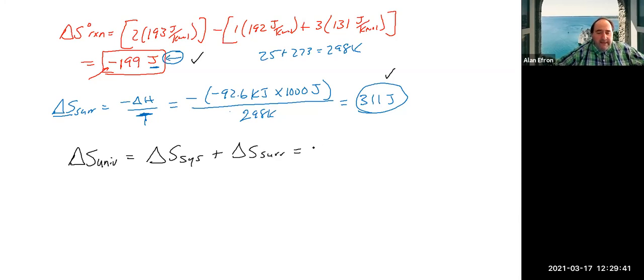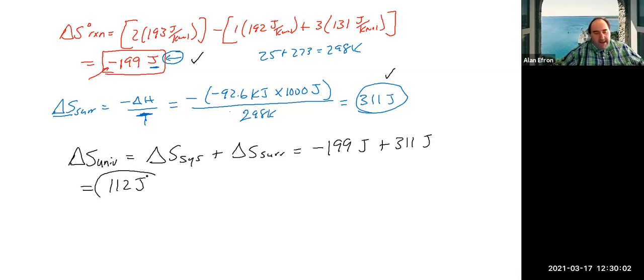If we put that in there, our system was 199, our surroundings was 311, and that is going to give us a delta S of the universe for this particular reaction of 112 joules here. It's at this point that we calculated delta S of the universe, and it is greater than 0, a positive number.